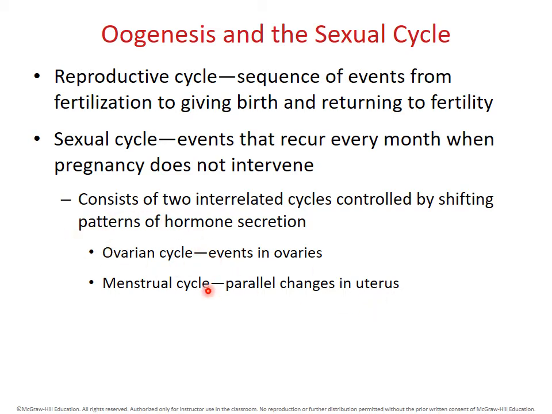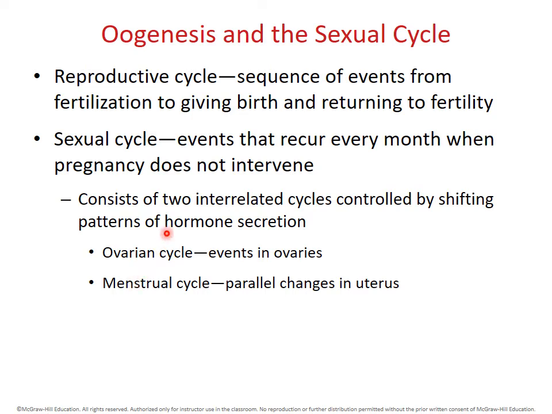If you're focusing on the changes occurring in the walls of the uterus, the endometrium specifically, then we refer to that cycle as the menstrual cycle. So it's really all the same thing: sexual cycle, ovarian cycle, menstrual cycle. It's just that our particular focus changes, whether we talk about it as the ovarian cycle or the menstrual cycle.